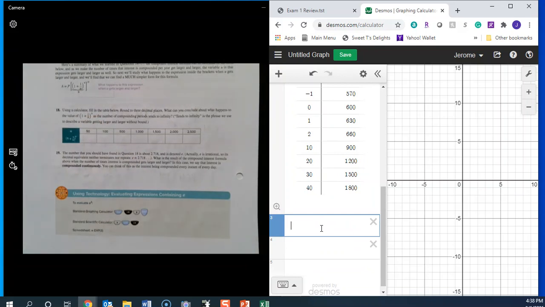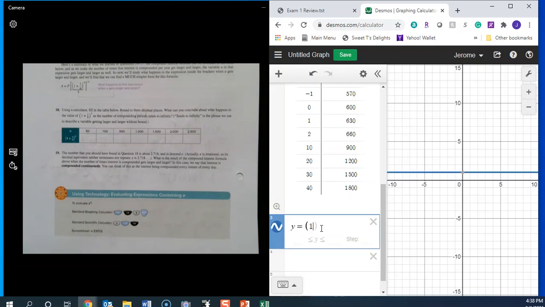So when we type this in, we could type y is equal to, parenthesis, 1 plus 1 over x, close that parenthesis, and then we would take it to the x power.